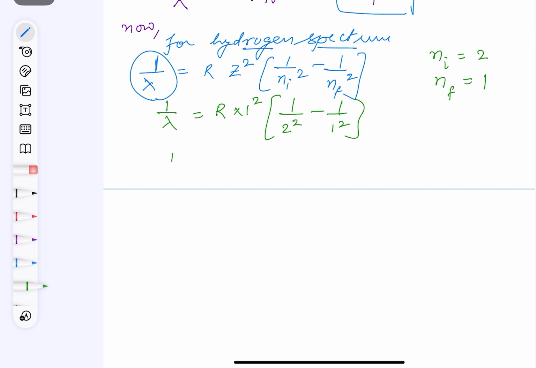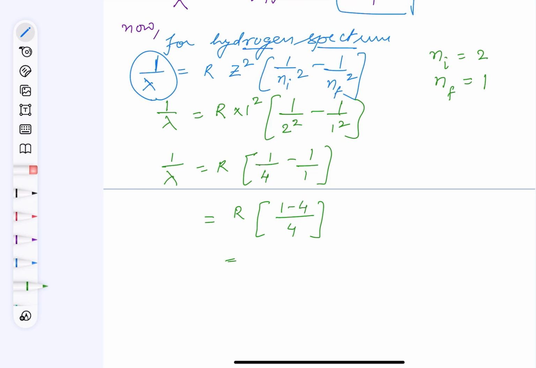Solving this further, you will get 1 by lambda is equal to R. In the bracket you will have 1 by 4 minus 1. Taking the LCM 4, you will have 1 minus 4.